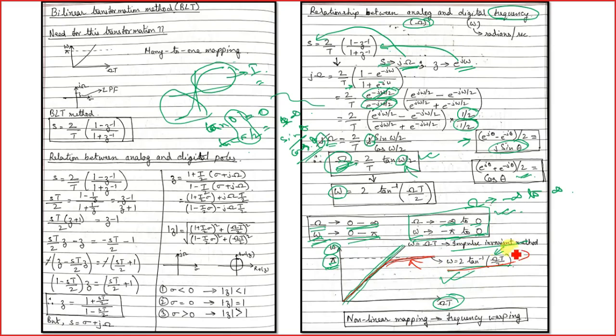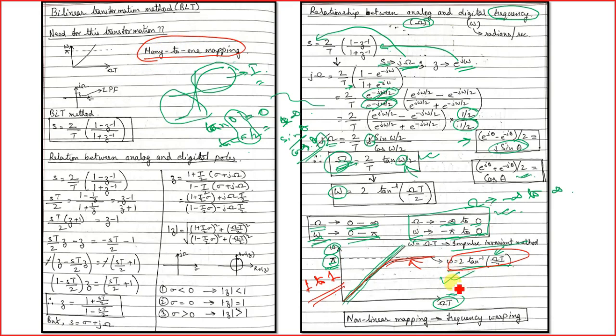Due to the incorporation of the tan component, we get a 1 to 1 mapping. It is good because it will take care of the many to one mapping, which was one of the major problems with the impulse invariant method.